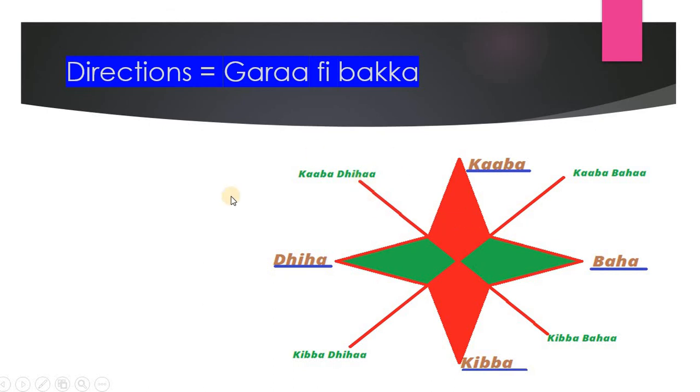So the other directions are just as in any other language. They were created from the combinations of these directions, at the middle of them. Kibba baha, kibba dhiyaa, kaaba baha, kaaba dhiyaa. So the only thing you have to look at is these 4: baha, dhiyaa, kibba, kaaba.